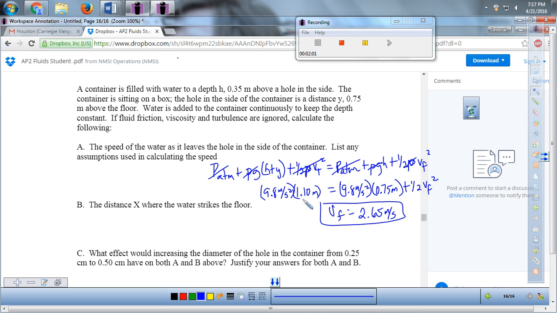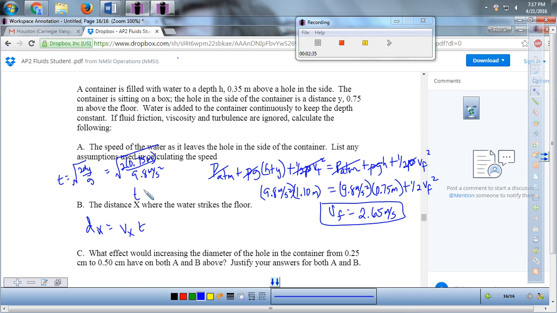Alright, and they want to know dx. Well, dx is equal to vx t. Well, we have our vx, that's no big deal. We need our t. So I need to find how long it takes it to fall. So I said t is equal to the square root of 2 dy over g. So it's going to fall 2 times 0.75 meters over 9.8.